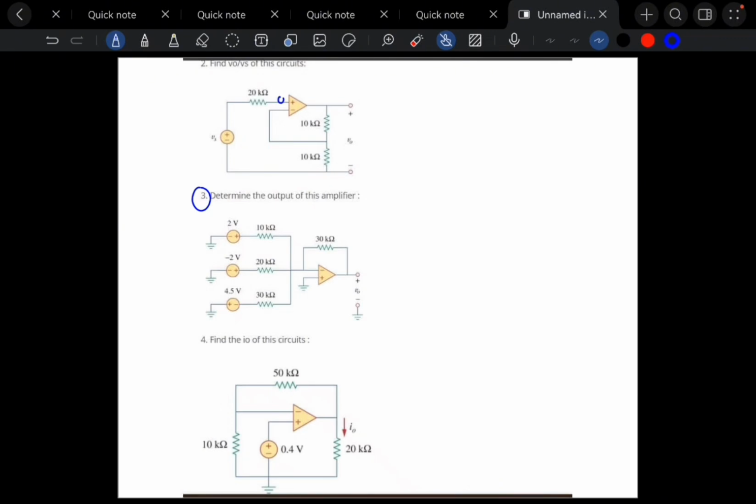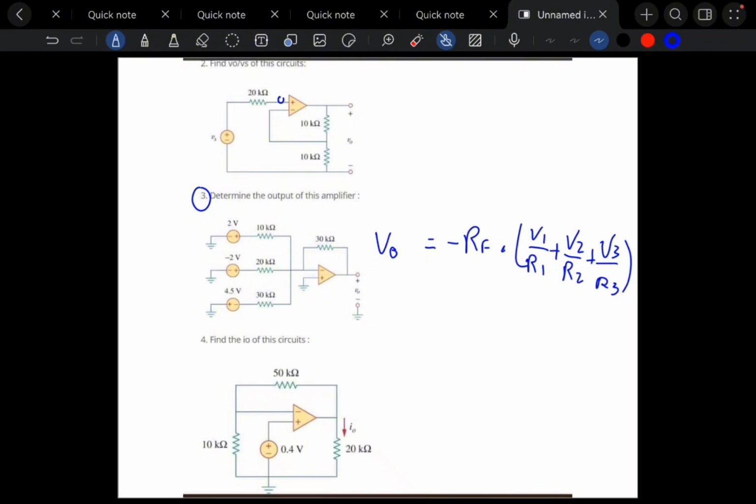The formula for an inverting summer is simple. V0 equals minus Rf times (V1 divided by R1 plus V2 divided by R2 plus V3 divided by R3).